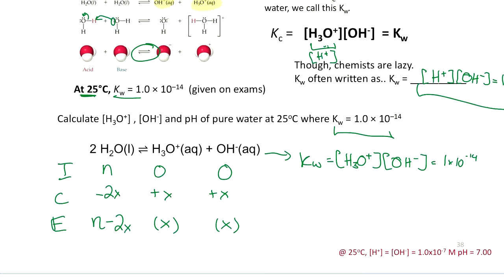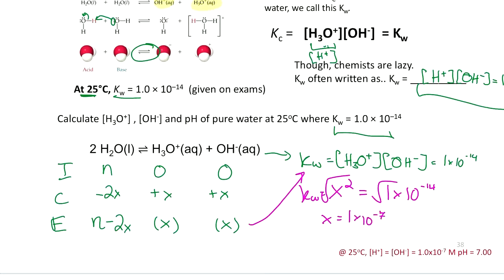Perfect. So, just like with all ice tables, once you fill out your ice table and your change line, and get everything in terms of X and how it changes, we simplify it to Kw equals X squared. That is equal to 1 times 10 to the negative 14. X then is, if you take the square root, 1 times 10 to the negative 7 molarity.